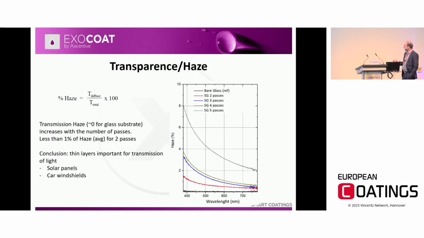And if you apply, say, 1 pass or 2 passes of this material, you will see that you go to 1% of haze. And if you go up to 3, 5 passes, you go to 4% of haze. So what is very important here, if transmission is your goal, you should apply very thin layers. And this is, for example, the case with solar panels or with car windshields that actually have this specification of 1%.